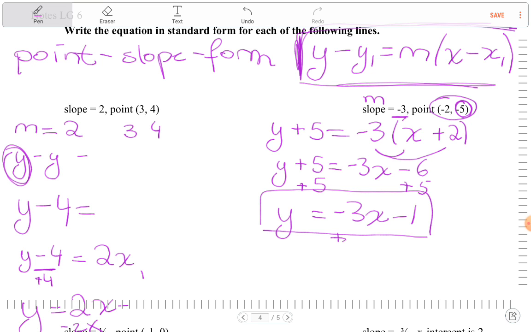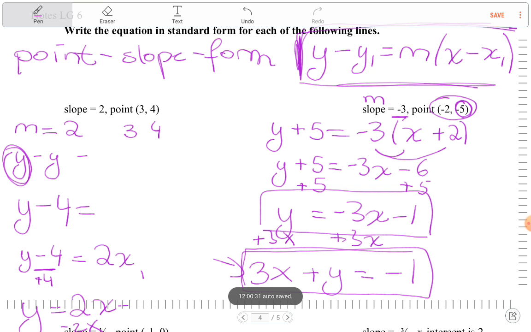So we're going to add the 3x to the other side, which gives me 3x plus y equal to -1. And because my x number here is positive and it is a whole number, I'm finished with 3x plus y equals -1.